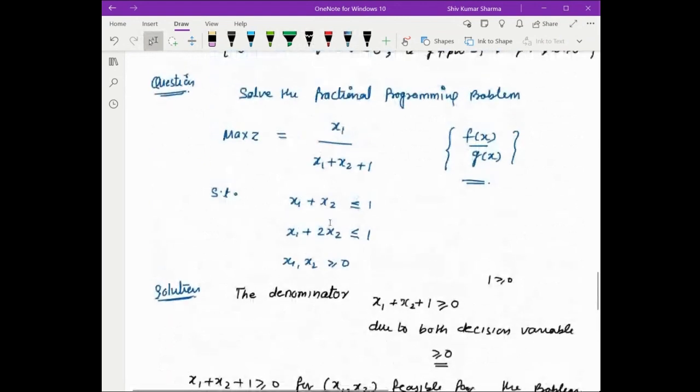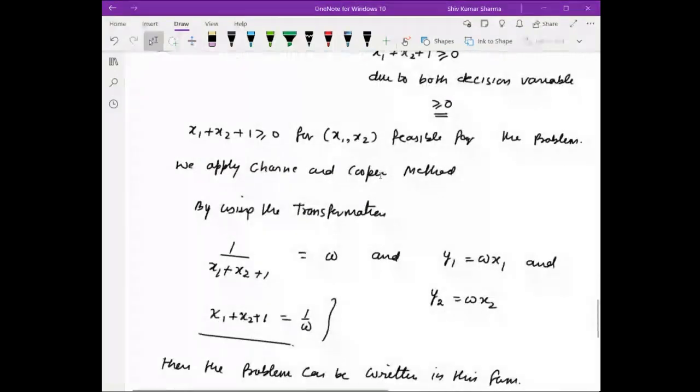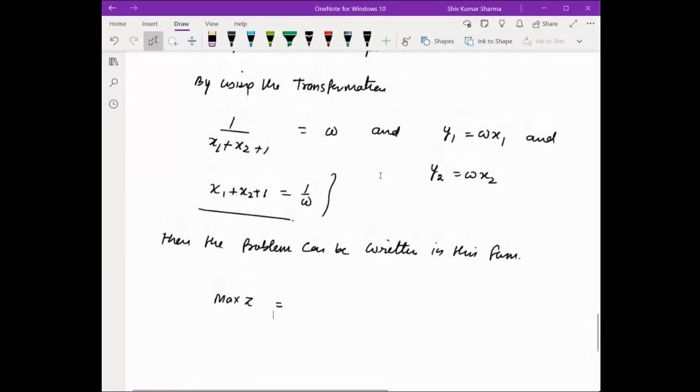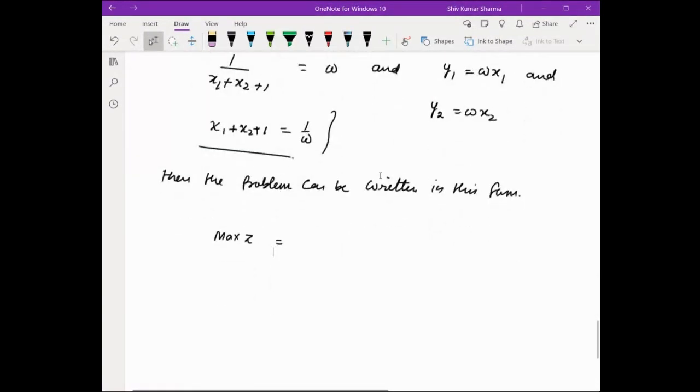What is the value of maximum of z? Because the function is given as x1 upon x1 plus x2 plus 1.